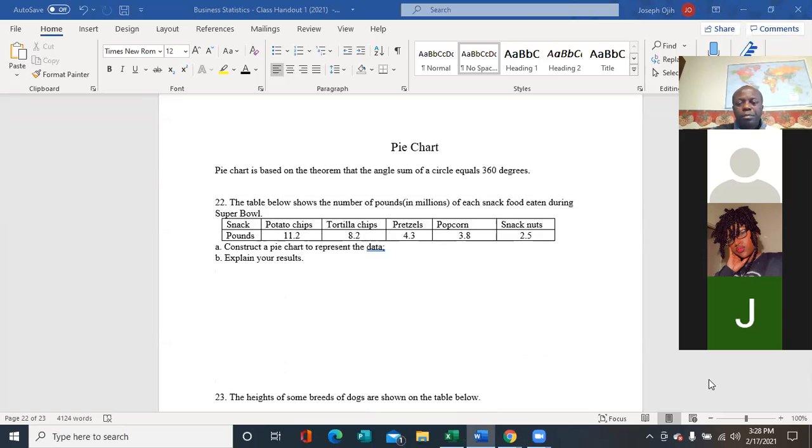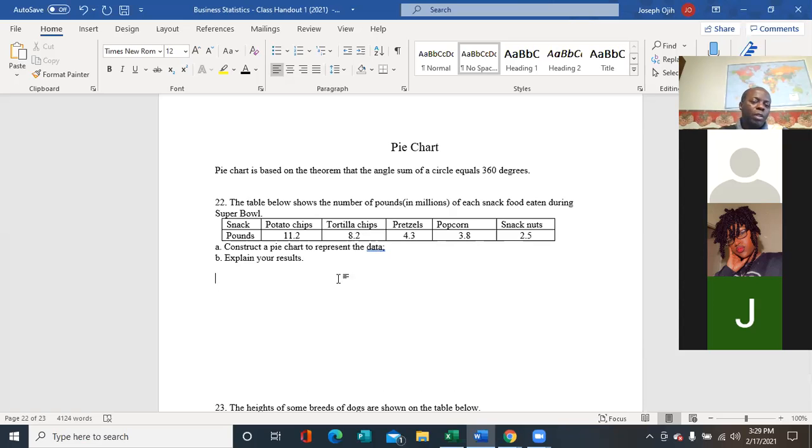Construct the pie chart to represent the data, then explain your results. To do this, we need to get the angle sum of the total frequency, use it to calculate the relative frequency, and then calculate the angle for each.